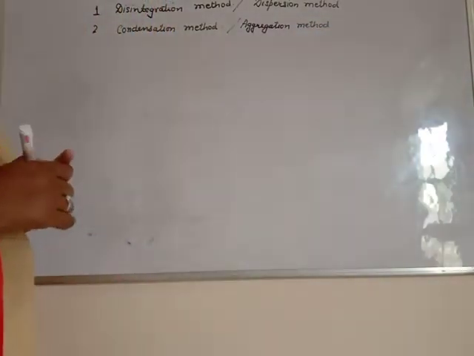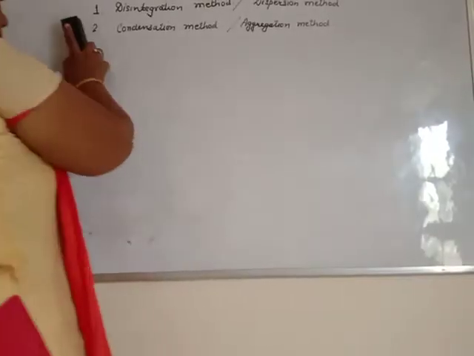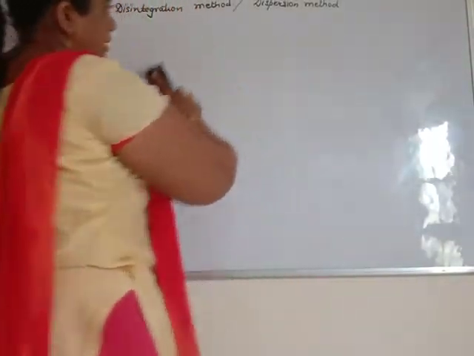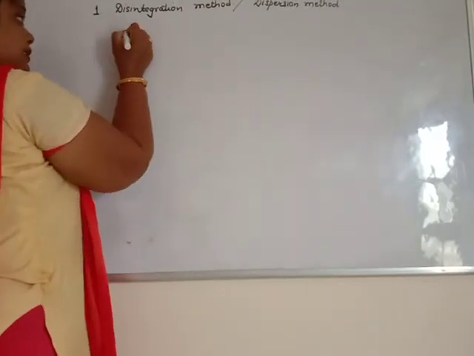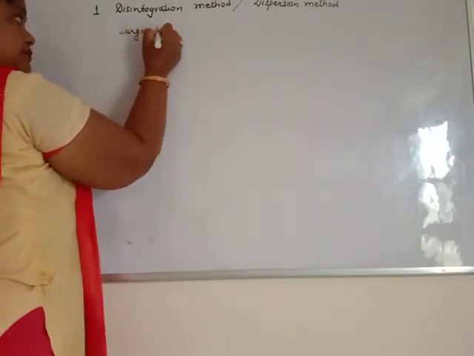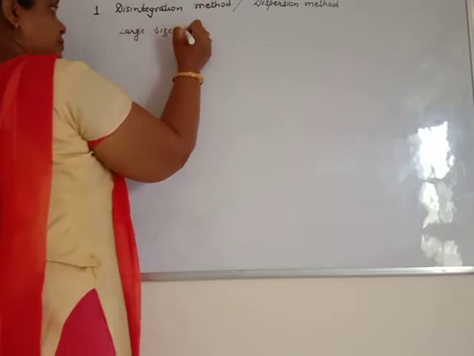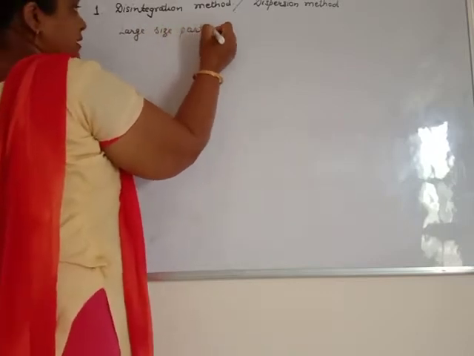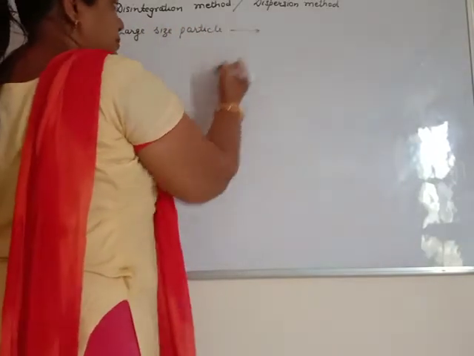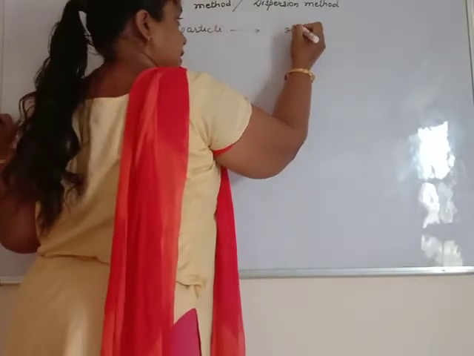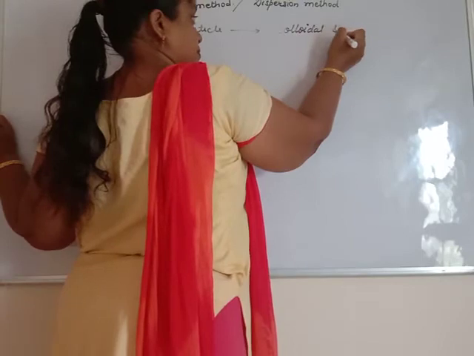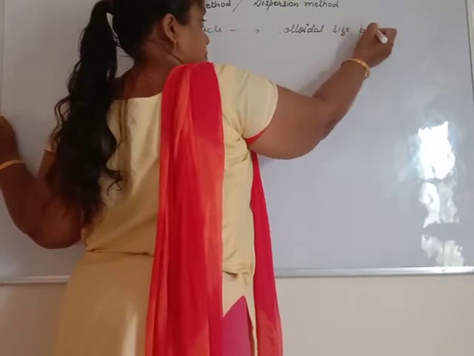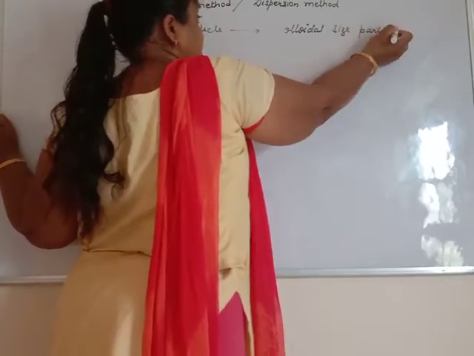Now, beta, we will discuss the disintegration method. Disintegration itself explains it: larger size particles, that is suspension size particles, decompose to give colloidal size particles.